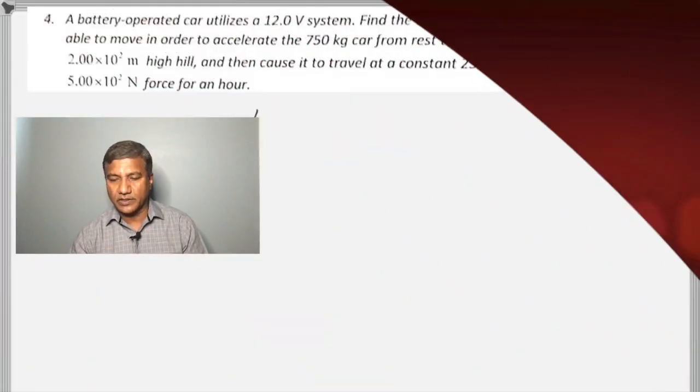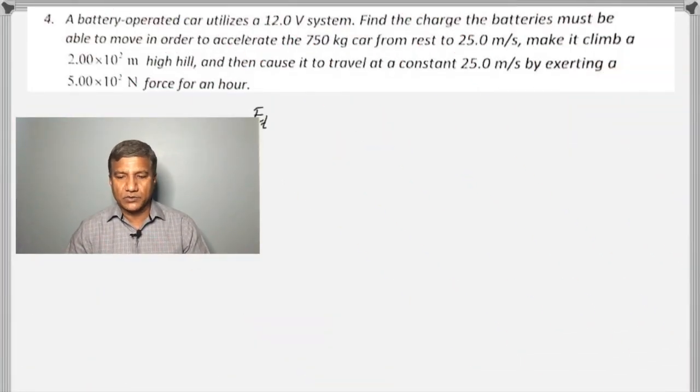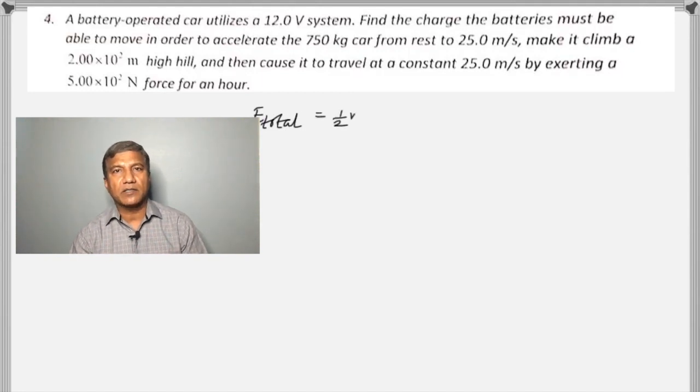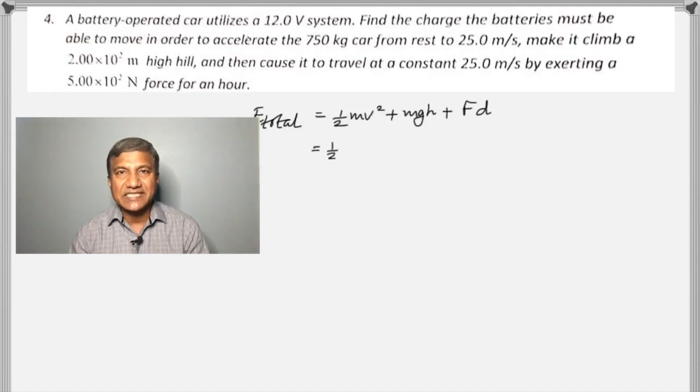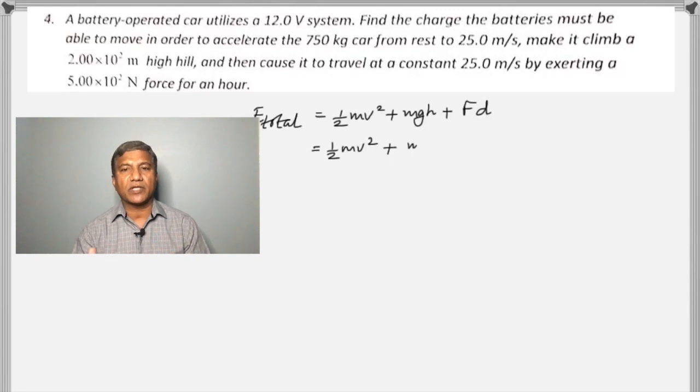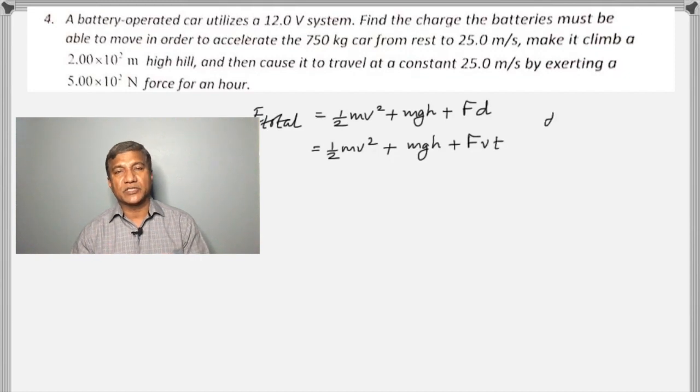The way we do it is, you just put the total energy that's required as the sum of the kinetic energy, the potential energy, and the work done, which is the product of force and the distance moved in 1 hour.